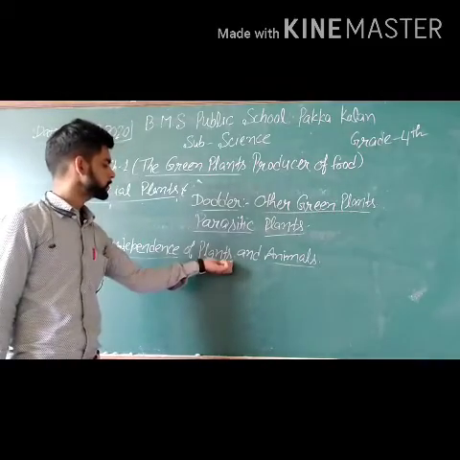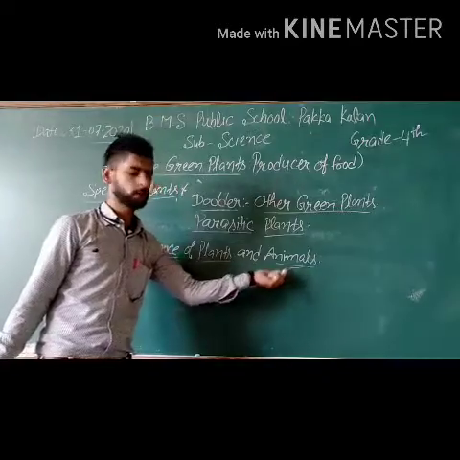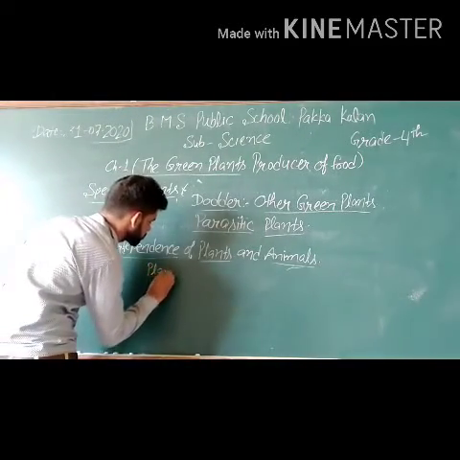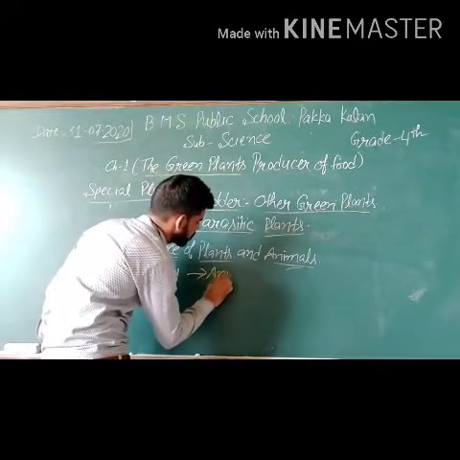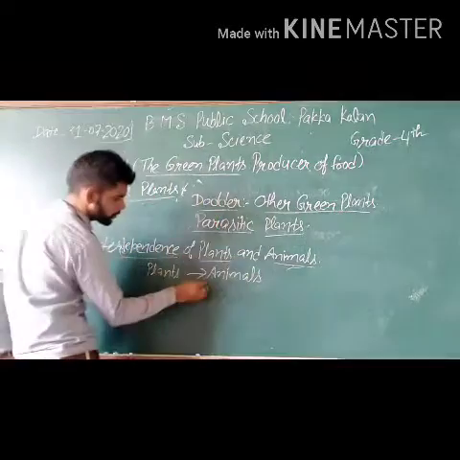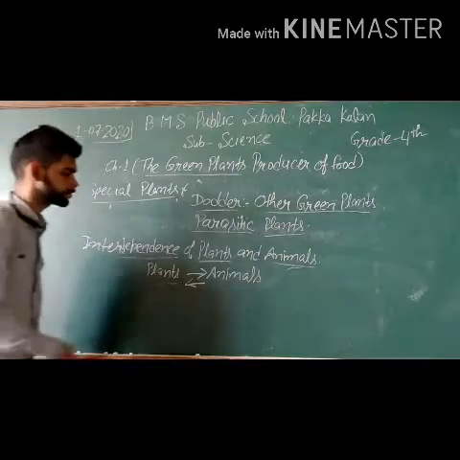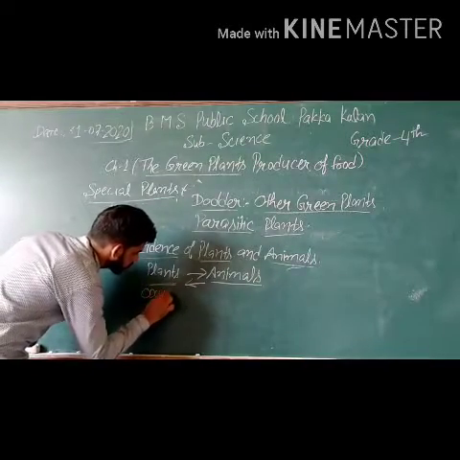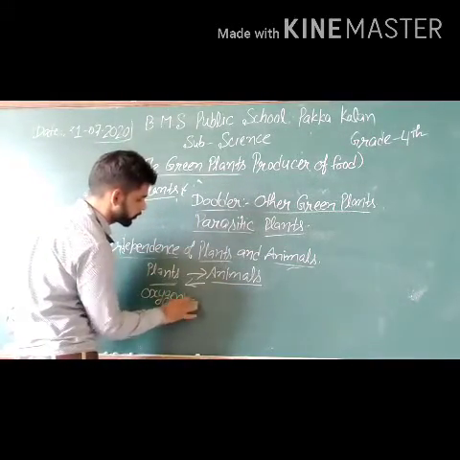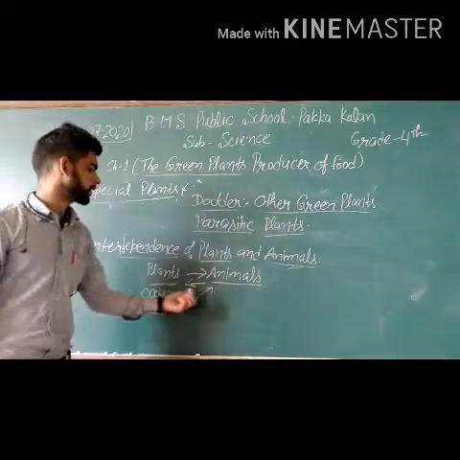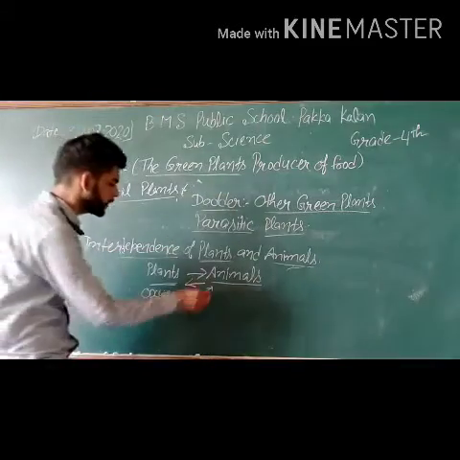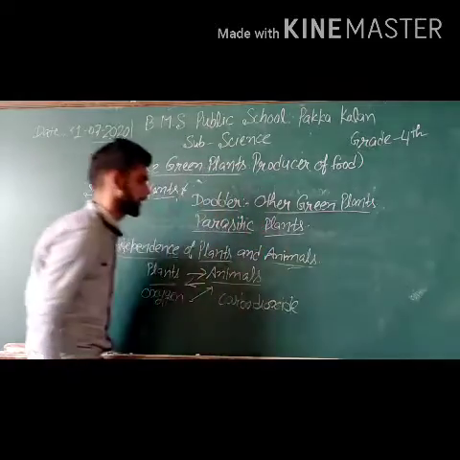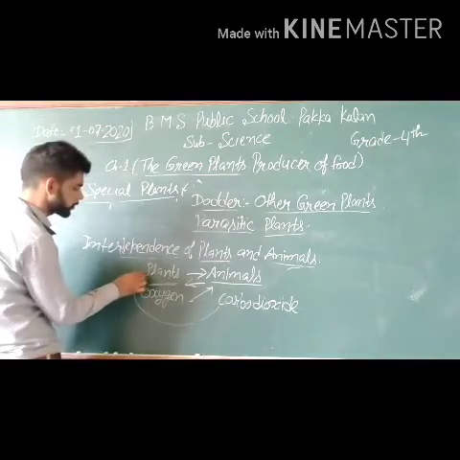It means plants depend upon the animals and animals depend upon the plants, because plants release the oxygen that is required by animals, and animals release the carbon dioxide that is required for the plants.